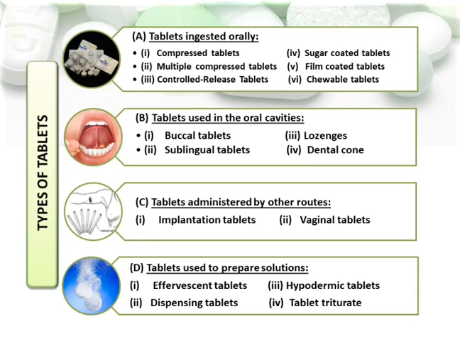Tablets used in oral cavities can be subdivided into buccal tablets, sublingual tablets, lozenges, and dental cones. Tablets administered by other routes can be subdivided into implantation tablets and vaginal tablets. Tablets used to prepare solutions can be subdivided into effervescent tablets, hypodermic tablets, dispensing tablets, or tablets triturate.